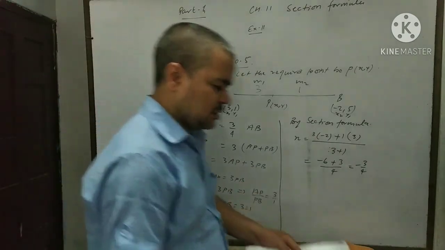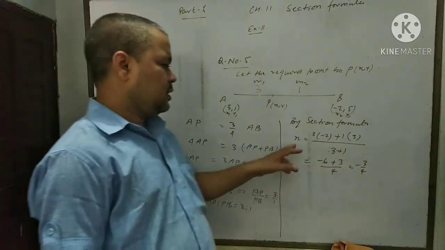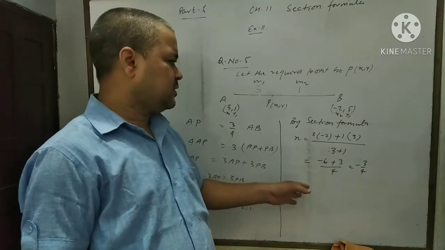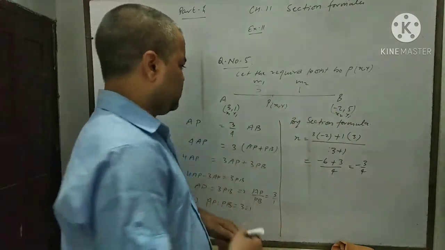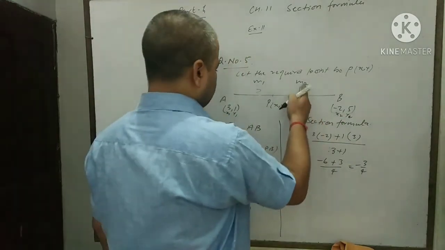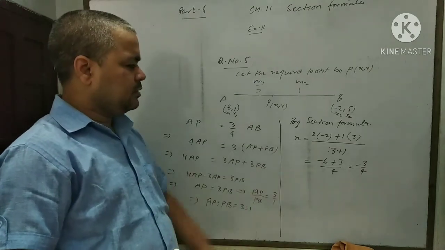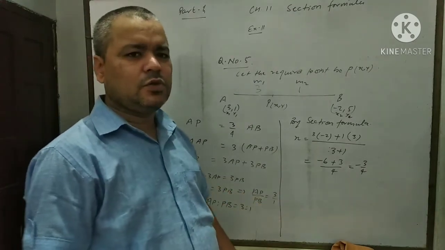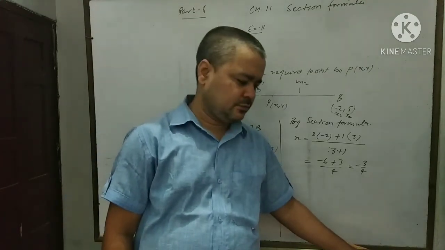Yes, correct. So if it is correct, then similarly you can find y also. y is equal to m1 y2 plus m2 y1 upon m1 plus m2. So in this way, we can find the y coordinate also. You try by yourself to find the coordinate of y.